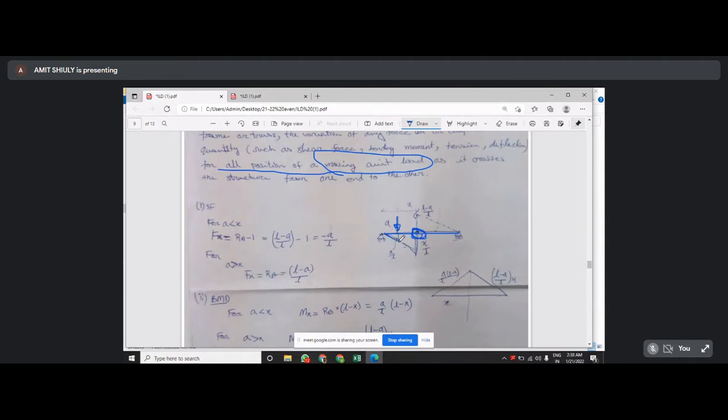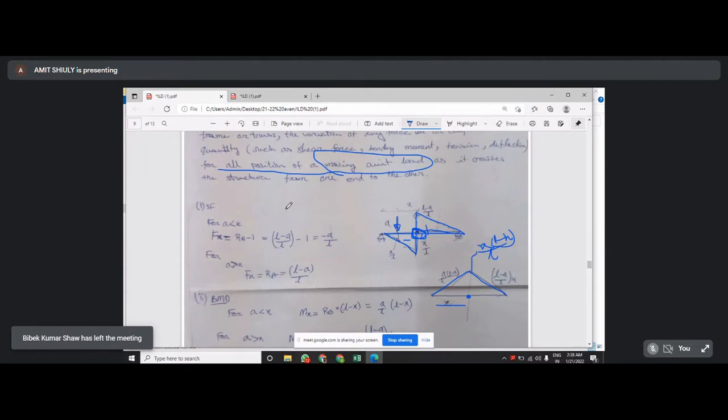This variation is x by L, and this is L minus x by L, and this will be negative, this will be positive. What should be the variation of the bending moment at any section, suppose at x distance? This ordinate will be x into L minus x by L.